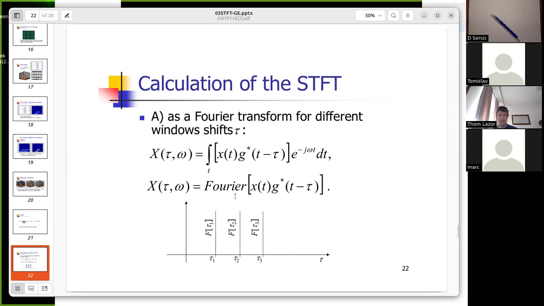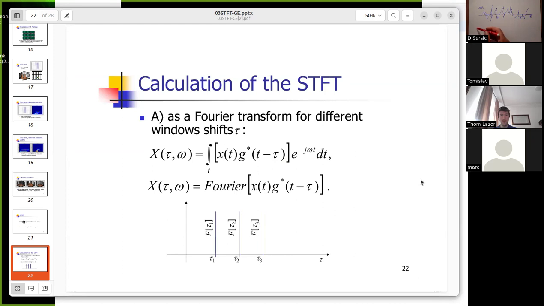Okay, so one way is to group x of t and multiply it by some sliding window. How does it look? For example, x of t of my voice could look like this. Time is going on. What I do is multiply by the window.